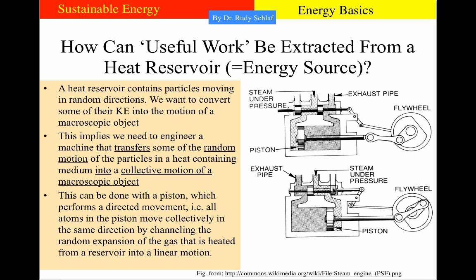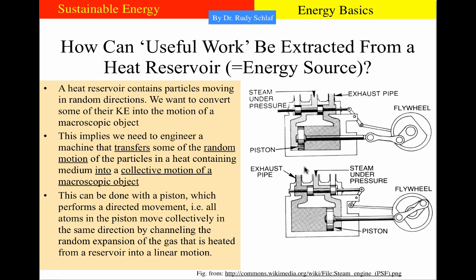Then in the next cycle the valve shifts over. There is a feedback mechanism from the flywheel that pushes the valve over at the right moment. Now the steam enters the right side of the piston and thereby pushes it over to the left side.